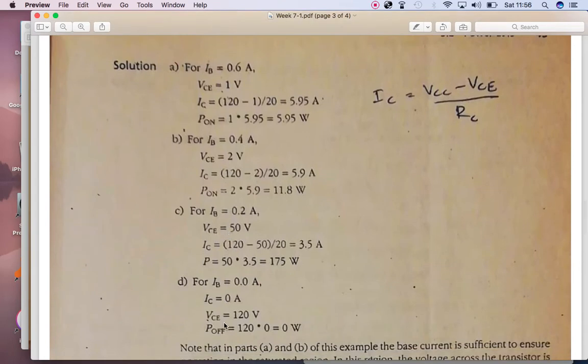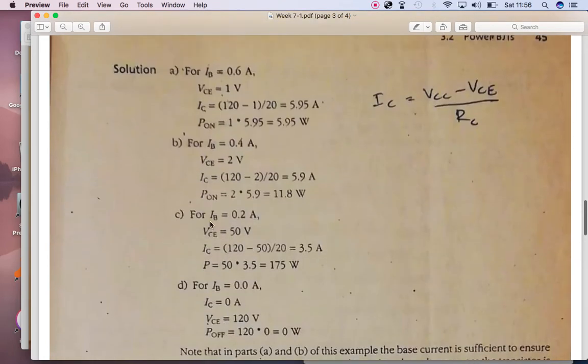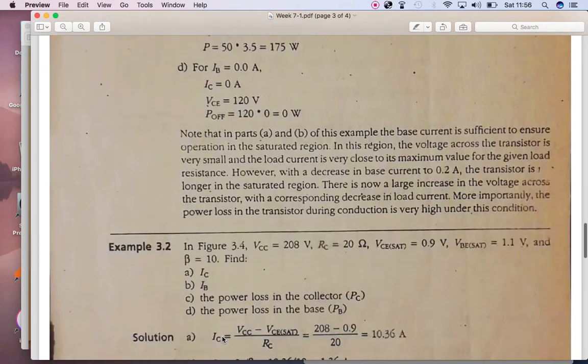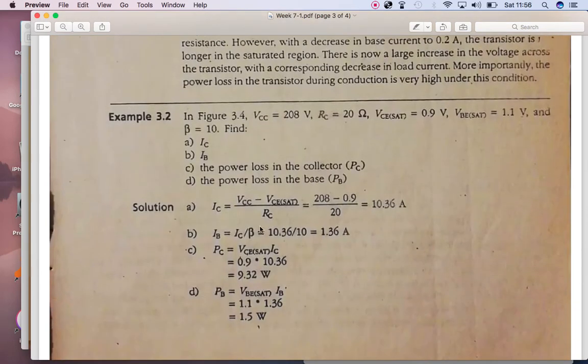The VCC biasing voltage value is given to us, the RC value is also there, the VCE, which is the output voltage value, is also given over here, and the input voltage VBE value is also over here, as we have the common base configuration, and we have the relevant current gain value also over here.